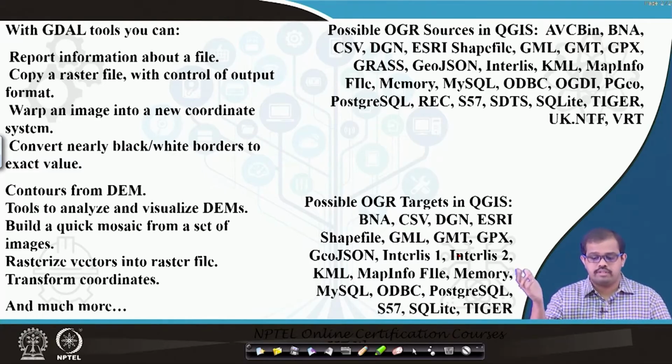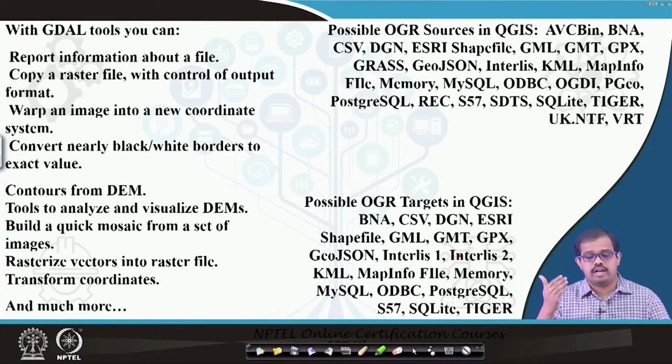Then you have GMT, GPX, GRASS with its own thing through OGR sources in QGIS, then MySQL, SDTS, SQLite, NTF, and Tiger. All of these things can be handled very effectively through OGR in QGIS.